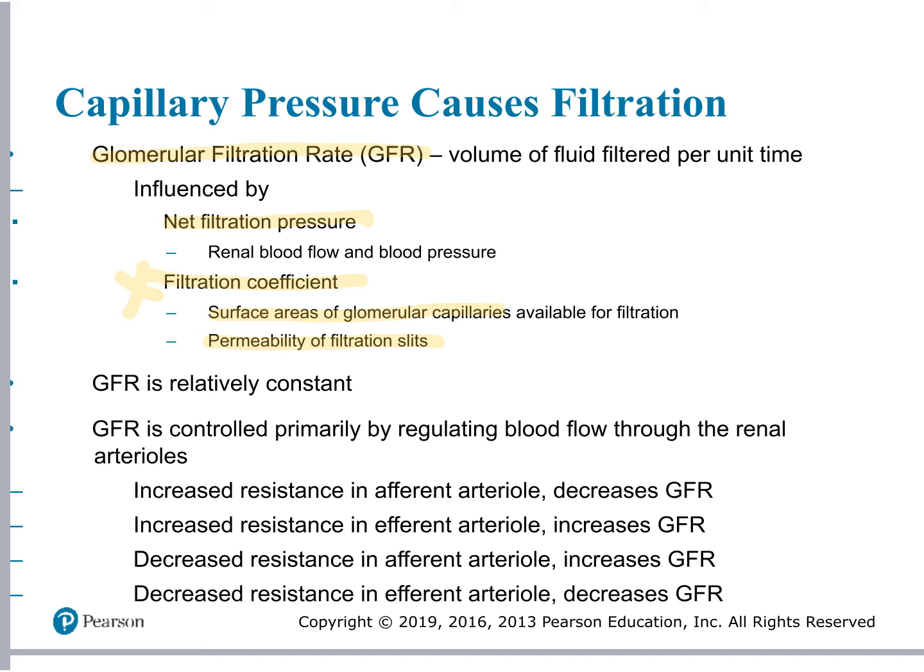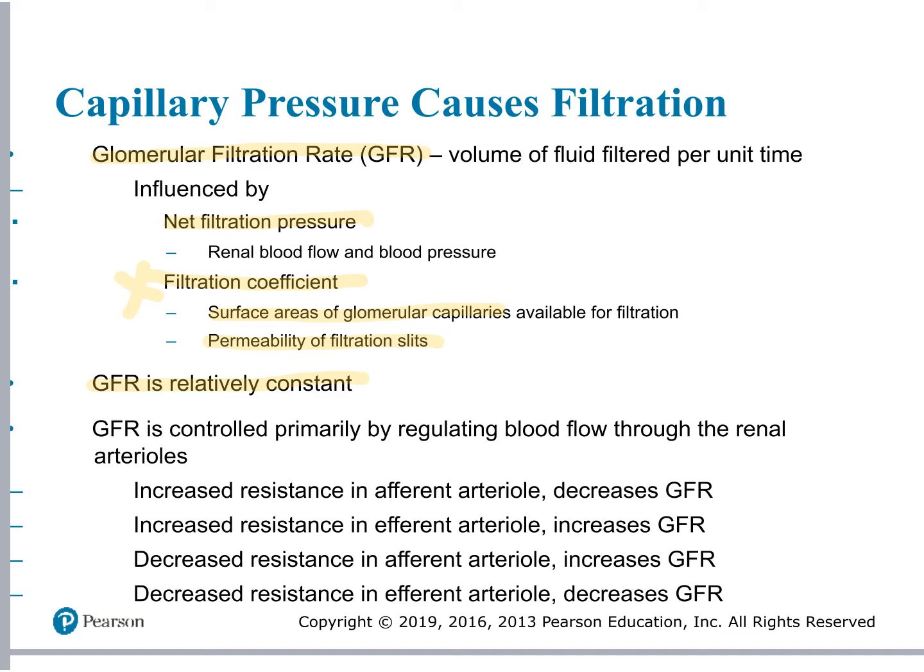So we're not going to talk much about the filtration coefficient. Now, the GFR stays relatively constant, because we can change other factors that affect the flow of blood through the glomerulus. It has to do with the afferent and the efferent arteriole. If we remember where they are located, the afferent arteriole is bringing blood into the glomerulus, and the efferent arteriole is where blood leaves the glomerulus.